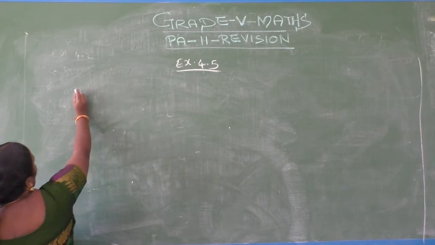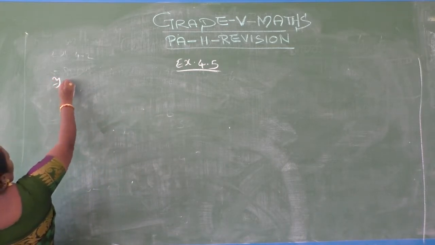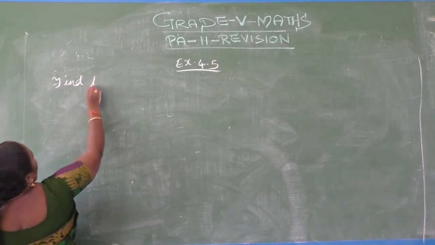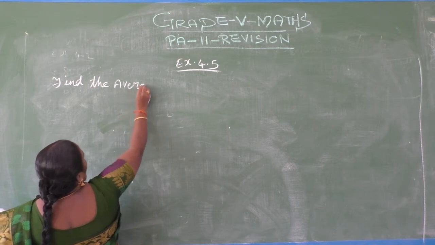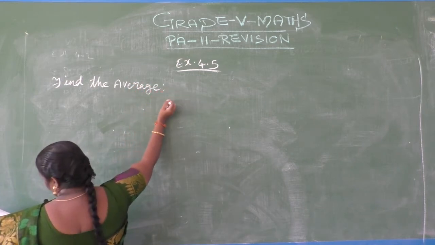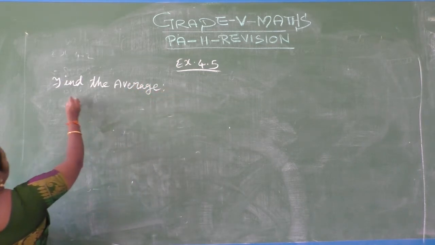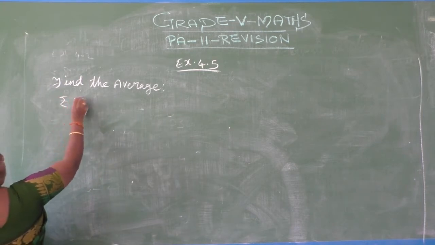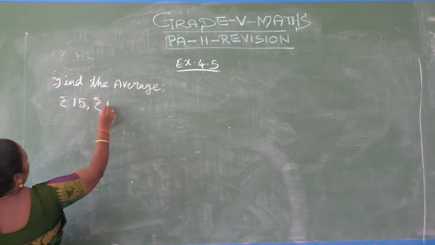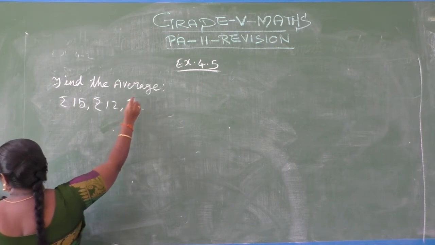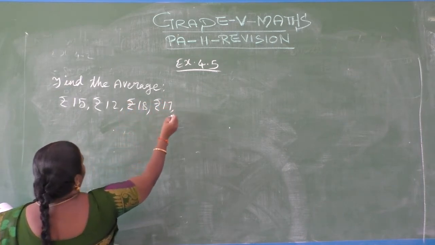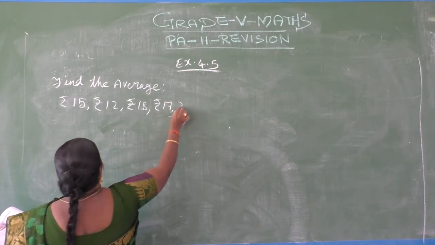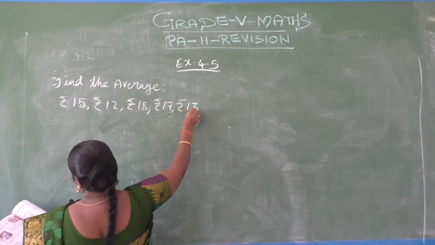Suppose they ask to find the average and they give some numbers: rupees 15, rupees 12, rupees 18, rupees 17 and rupees 13.